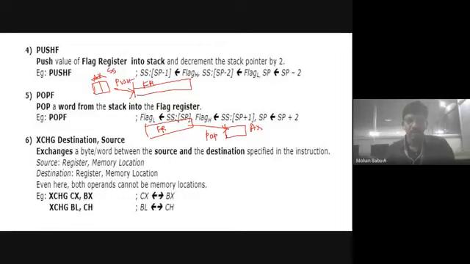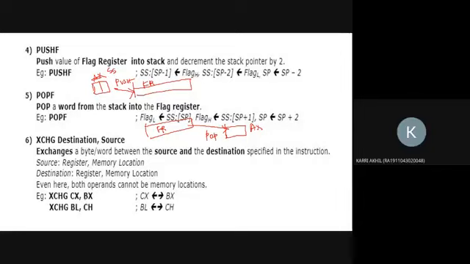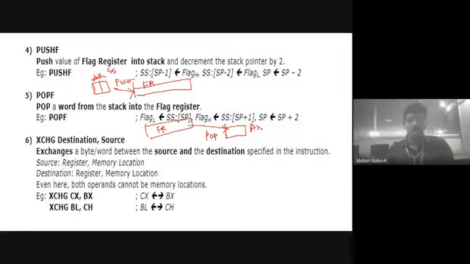So which one is destination, which one is source here? CX or BX? I use one instruction, exchange CX, BX. Which one is the source component and which one is the destination component? We can take anything, sir. No. This one is destination, this one is source.